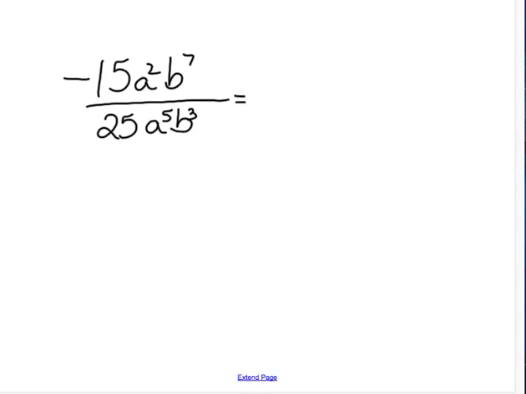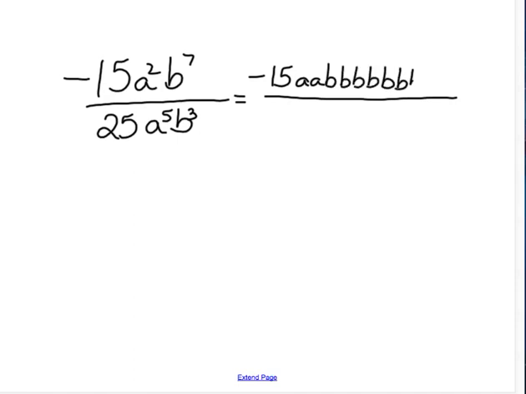We can go ahead and expand that out. You're going to get negative 15 in your numerator, 2 a's, and at this point, 7 b's, 1, 2, 3, 4, 5, 6, 7, over 25, and then 5 a's, 1, 2, 3, 4, 5, and 3 b's that are all getting multiplied.